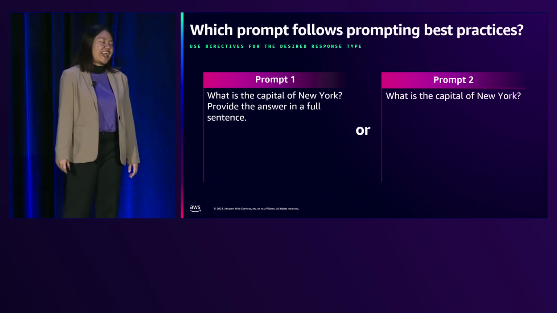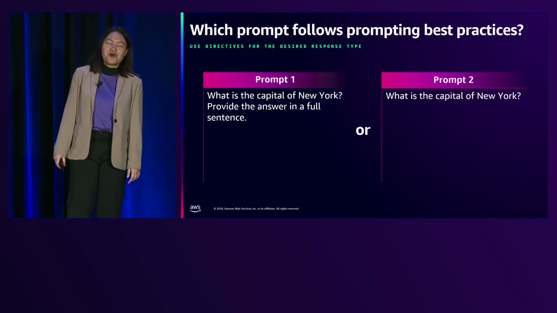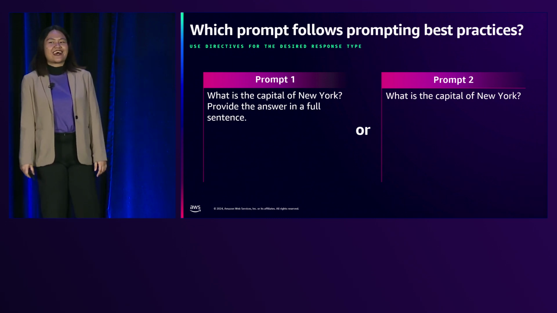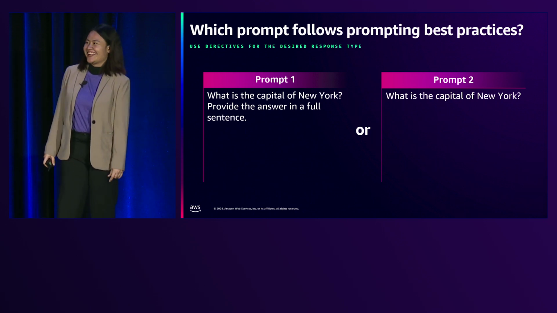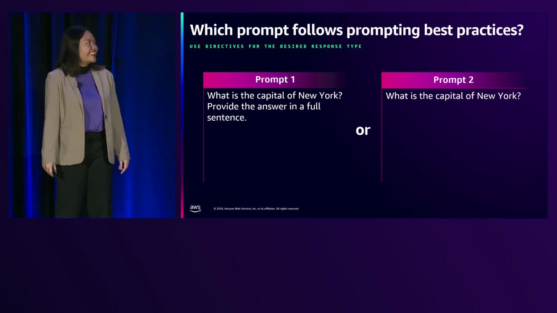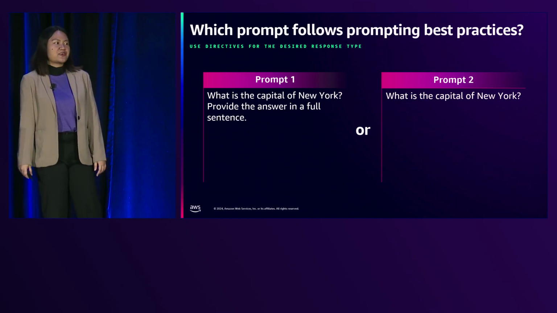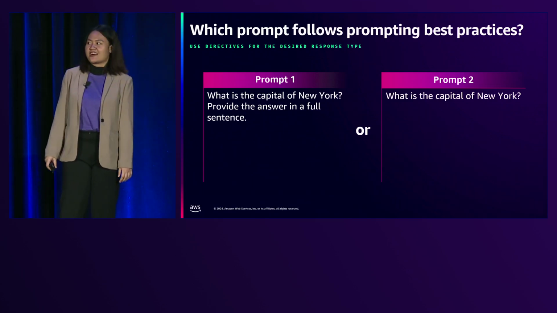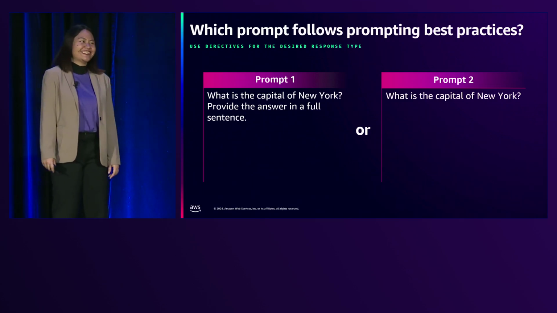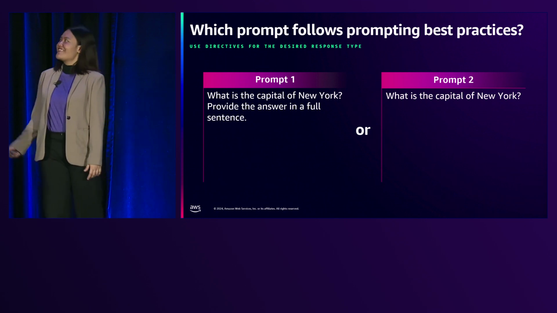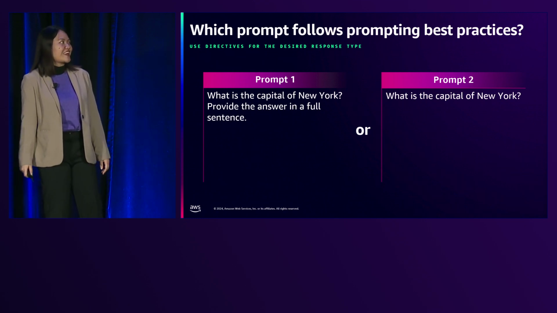So raise your hand if you think prompt 1 was the correct answer, okay? All right, I see prompt 1. And then for prompt 2, if you think prompt 2 was the correct answer, no one? No one? Okay, so that means you answered them correctly.